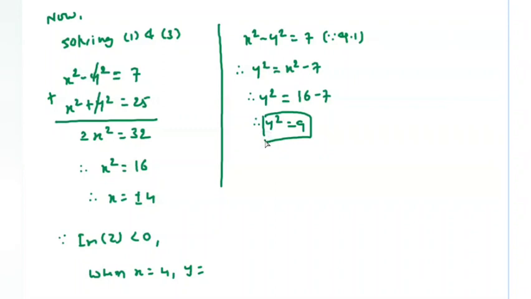As we know, when the imaginary part of z is less than 0 or negative, x and y will have opposite signs. So y will be plus or minus 3.